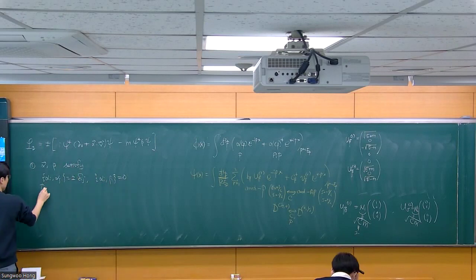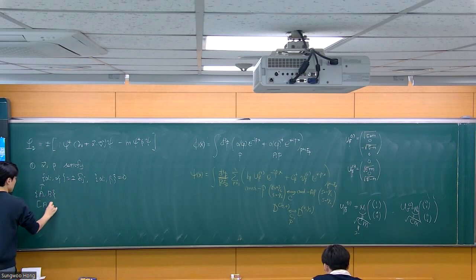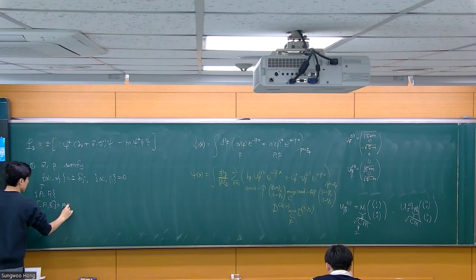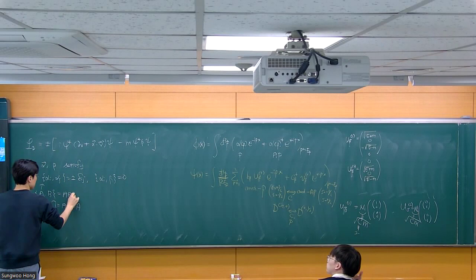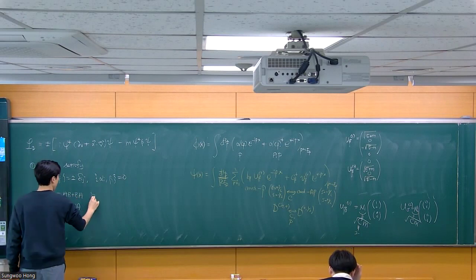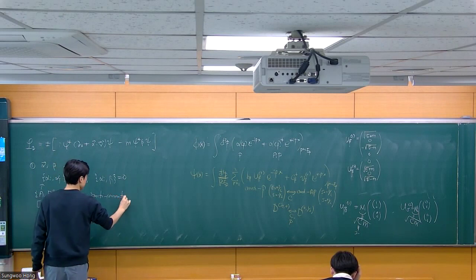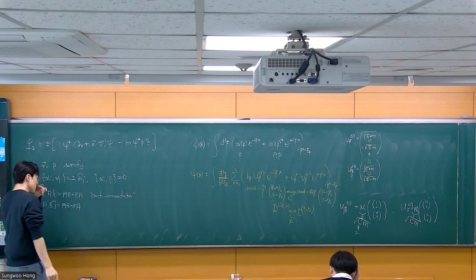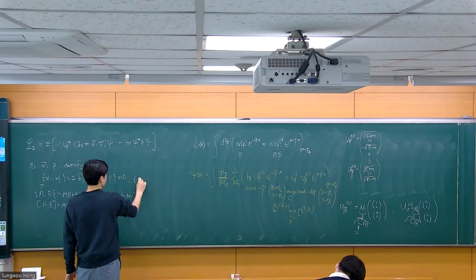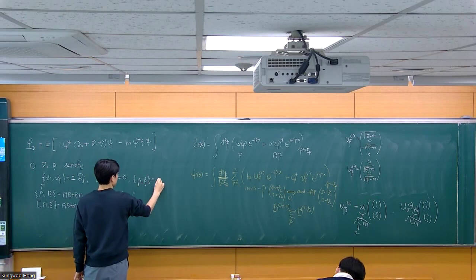By the way, this notation is, if I have A and B, instead of this square bracket, which is the commutator, this curly bracket is the anti-commutator. And beta squared is 1.